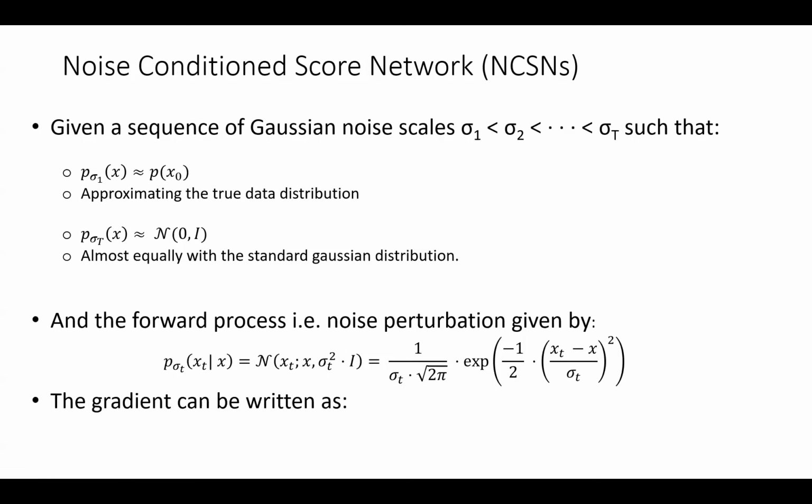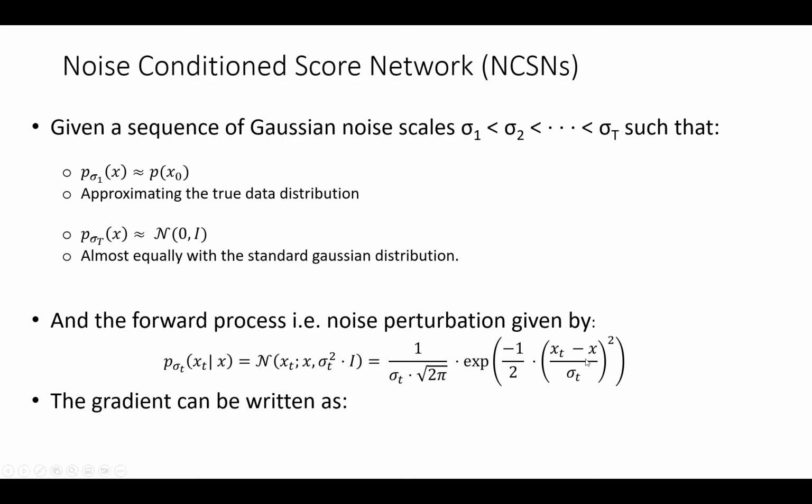So now we want to take the gradient of this. We want to differentiate this. As you know, in differentiating, we want to first take the log of this, then differentiate. When you take the log of an exponential, the exponential disappears.